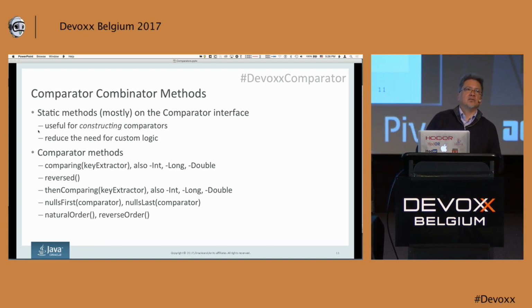Nulls first and nulls last will provide special case treatment for nulls, and natural order and reverse order. Natural order is what I talked about earlier, which is a comparator that is implemented using the compareTo method of the Comparable interface, and reverse order is the reverse of the natural order.